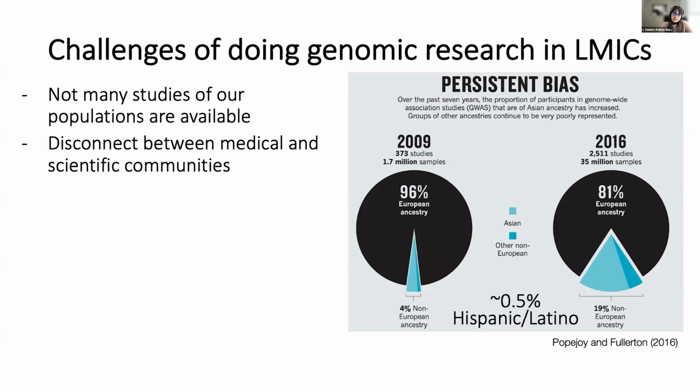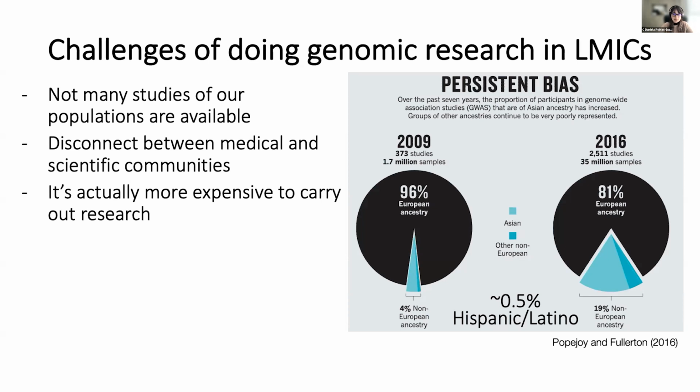Also, there is a large disconnect between the medical and scientific communities here, and this makes large multicentric studies complicated in this part of the world, at least in my experience. It is actually more expensive to carry out research here because not only are grants smaller, but also there are substantial import taxes for reagents and long waiting times for them to arrive.